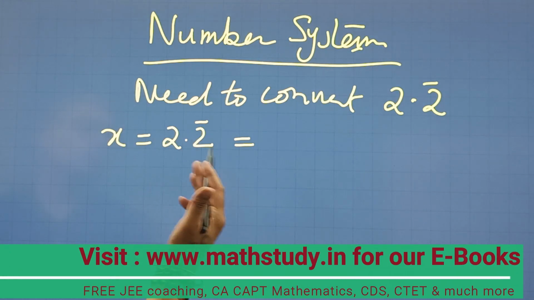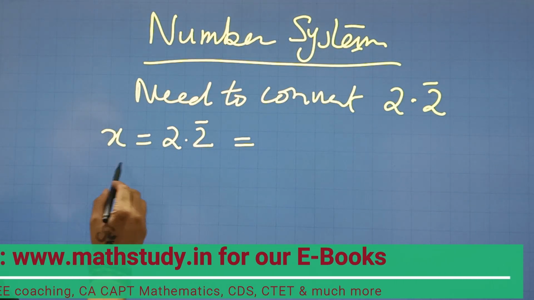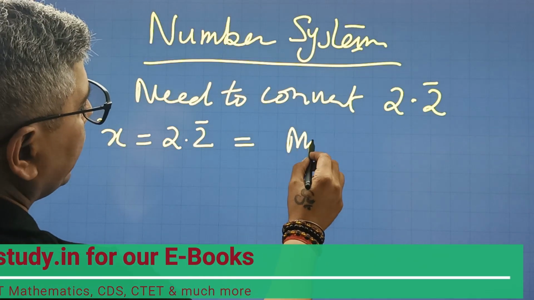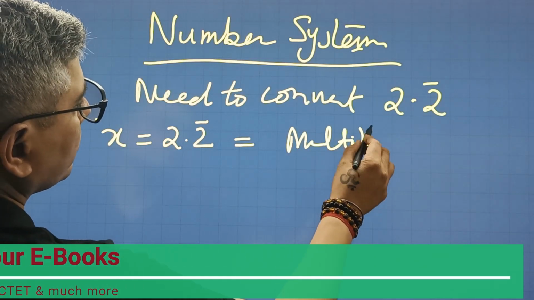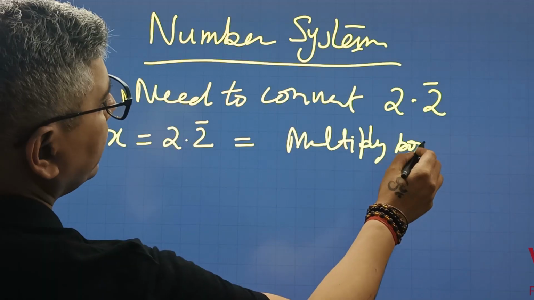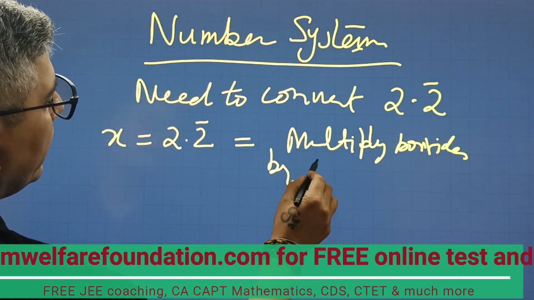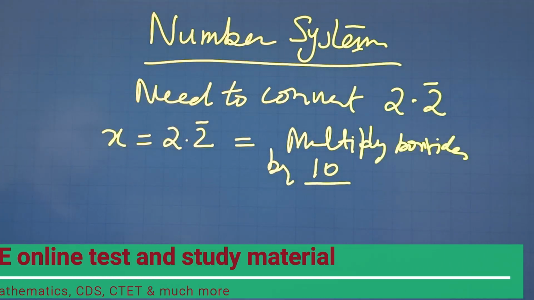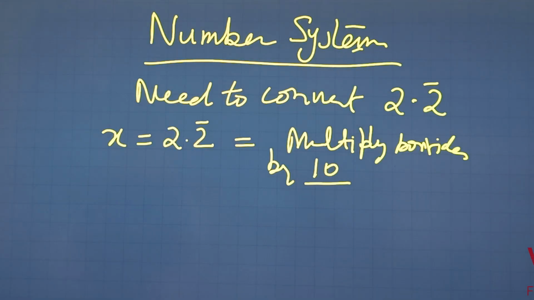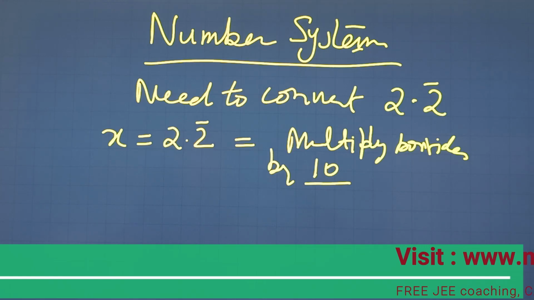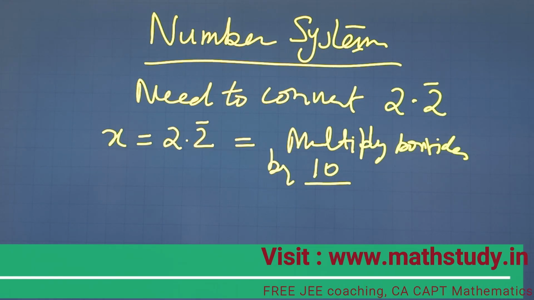So our first step is that we have to multiply both sides by 10. Very simple, because we have only one number after the decimal which is repeating again and again.